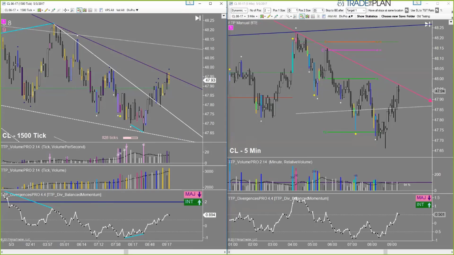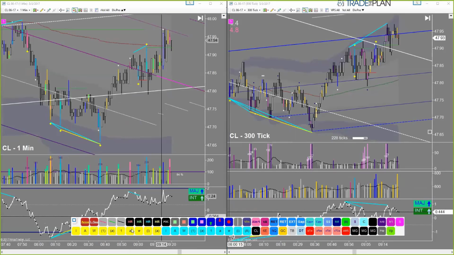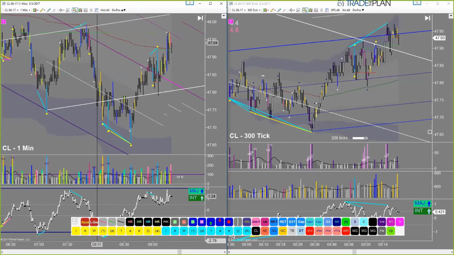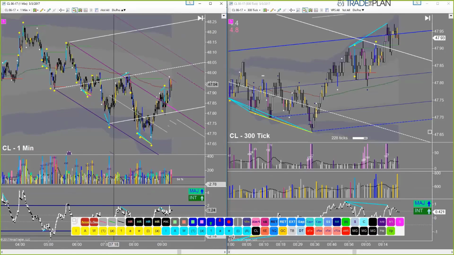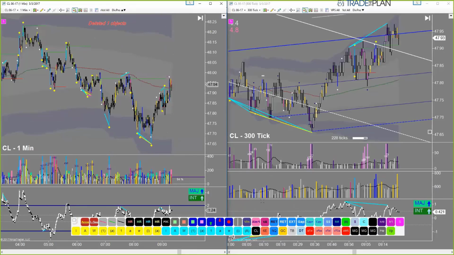Let's see on the 1 minute. We got a nice volume signal on the 1 minute anyway. I do have the warning line of the previous channel there, but that's not exactly looking too pretty.